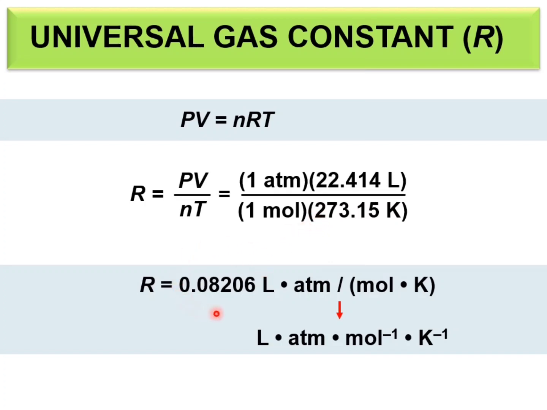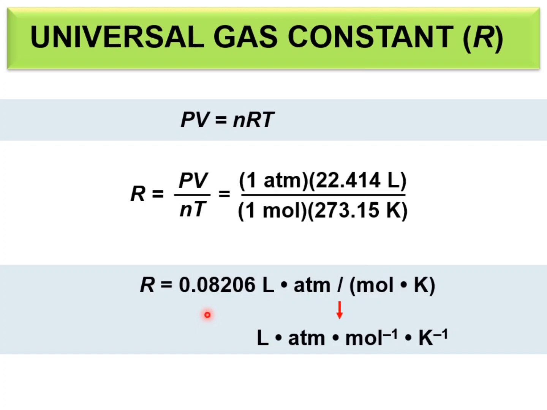Okay, so kita akan dapat nilai R 0.08206. So kalau you refer dalam table relative atomic mass ataupun refer kepada list of constant value, nilai R ni berada dalam list tersebut. So you all tak perlu hafal.